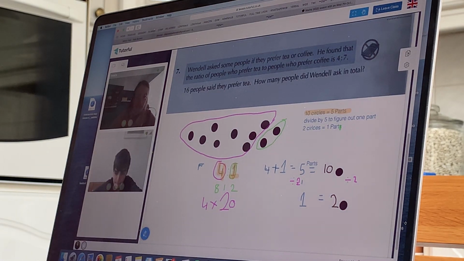So I will say that those 10 circles are equal to 5 parts. But we need to figure out how many parts are in 1 part, because 5 parts doesn't fit into the 4 or the 1. But if we had just figured out what 1 part was, we could times it by 4 to get the 4 parts and then the 1 part.